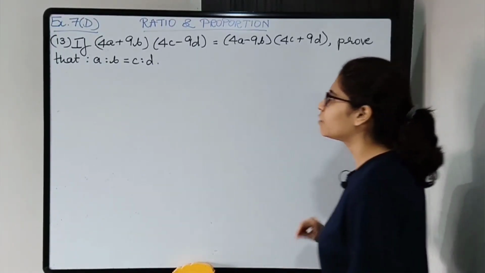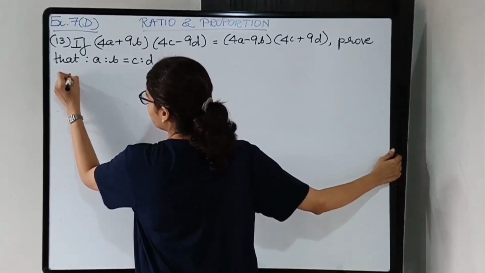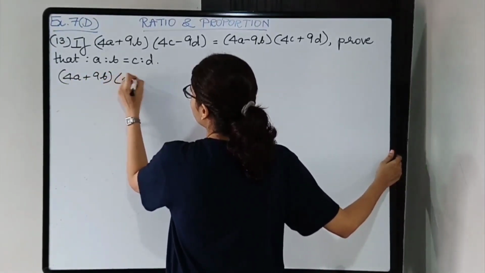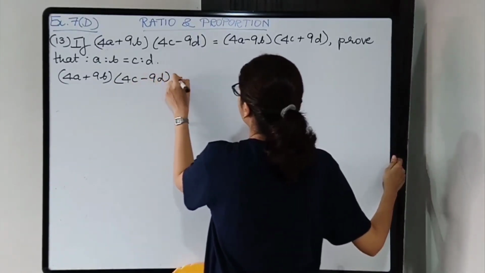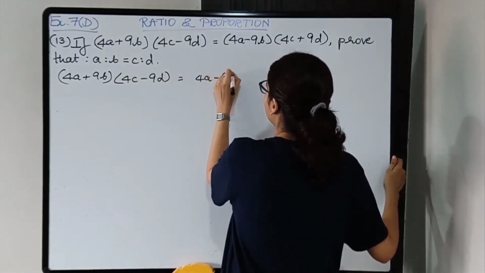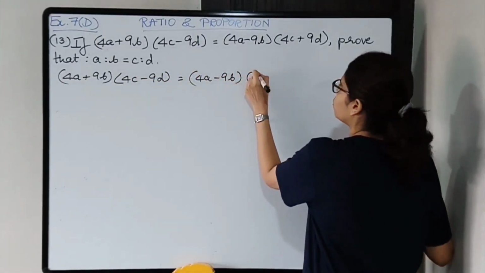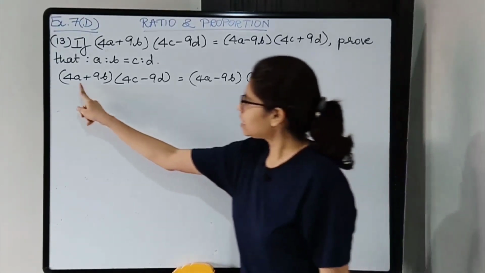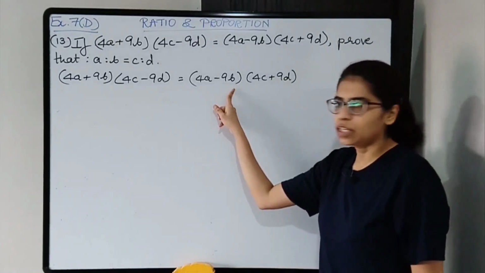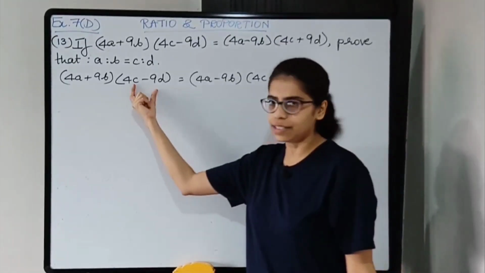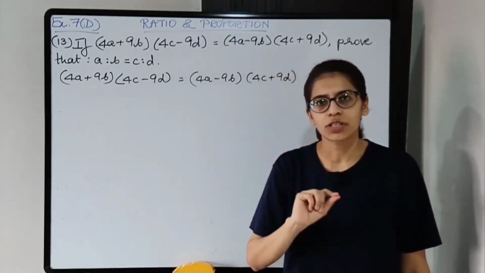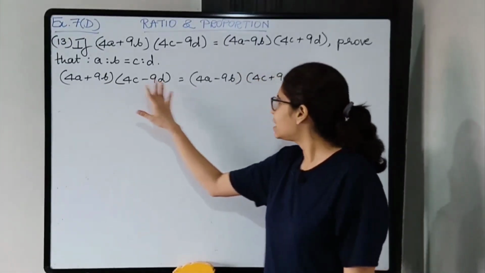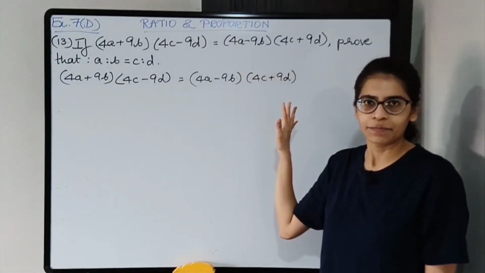So let us write down the given first. (4a + 9b)(4c - 9d) is equal to (4a - 9b)(4c + 9d). This is given. There is ab over here and cd. So what you will do in such a case? ab on one side and cd on the other side.